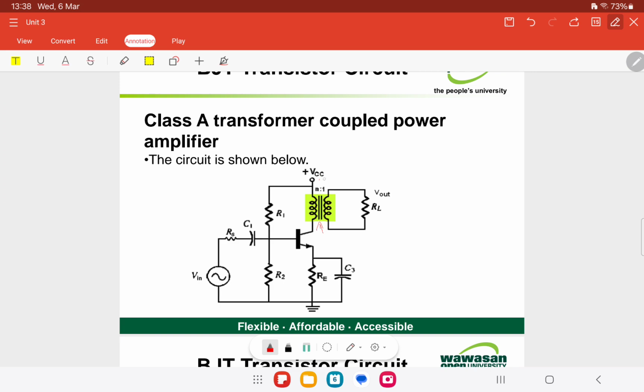This one here equals this value. This is also a circuit for common emitter. The DC resistance of the primary coil is normally very small, which can be less than 5 ohm, and the value for RE here is normally small for a power amplifier.